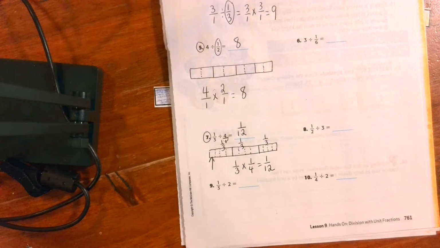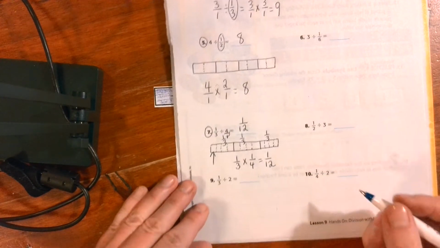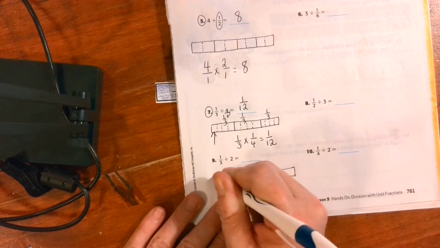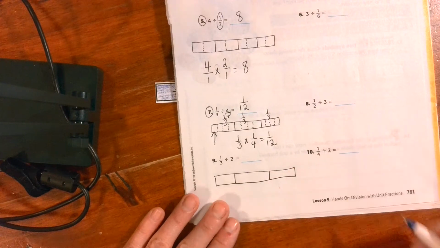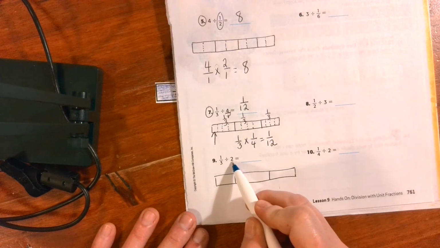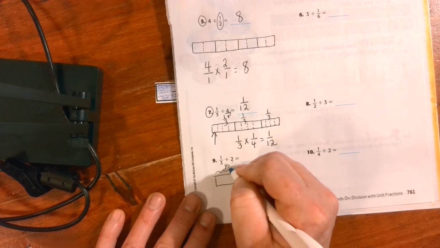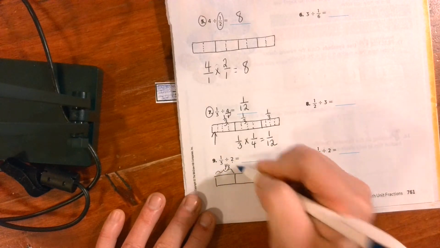Let's go ahead and do number 9 as well. We're going to take a third, and we're going to cut all of our thirds in half into 2 pieces.